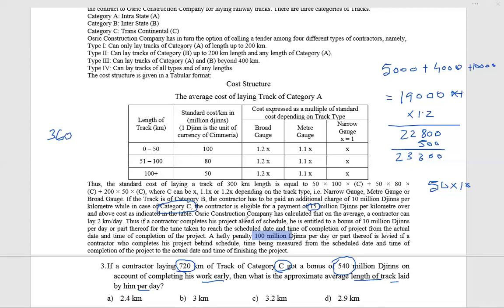He got a bonus of 540, divided by 15. So if work finished the job 36 days earlier.